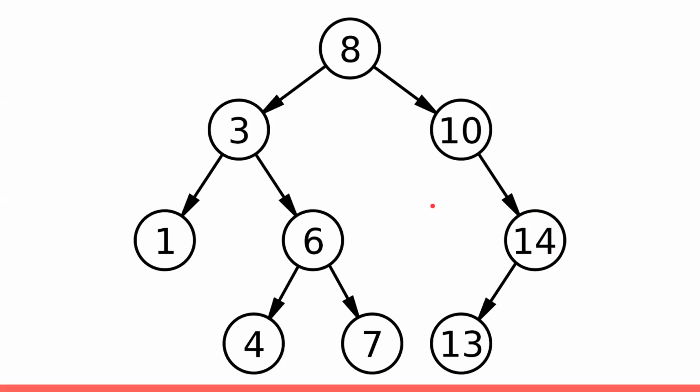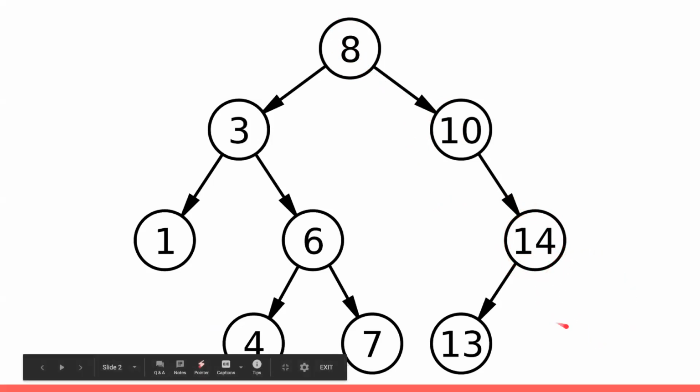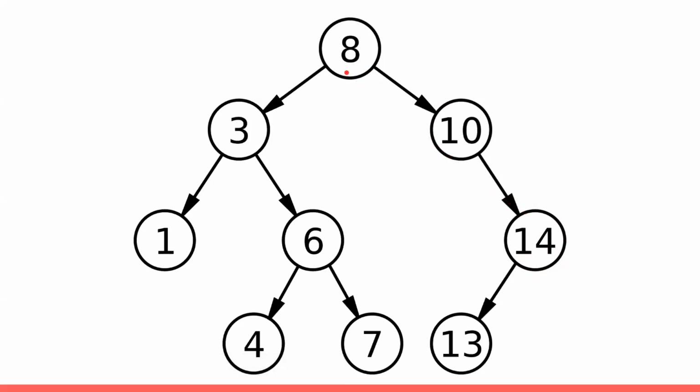In this example, if we want to find 15, we start with 8, continue to 10, continue to 14, and here we understand that 15 should be to the right, but there is nothing to the right. So we will push 14 to the root. Next time, when we want to find 15, we will start with the root 14, and then we will see that 15 does not exist. And what if the requests are random? Then it's going to be around log n on average.